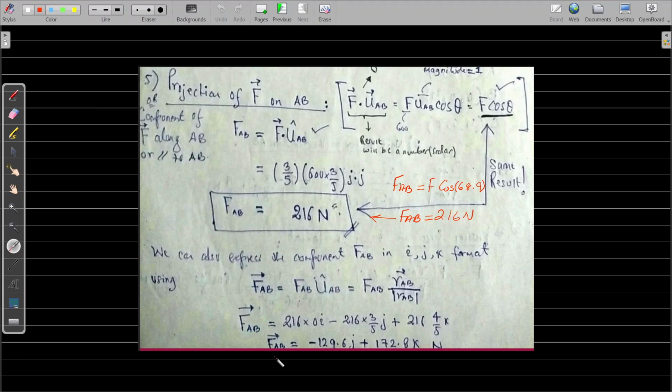So your vector FAB comes out to be minus 129.6 j plus 172.8 k. The i component was 0, so there will be no i component for this force FAB. I hope you have understood this, and thank you very much.